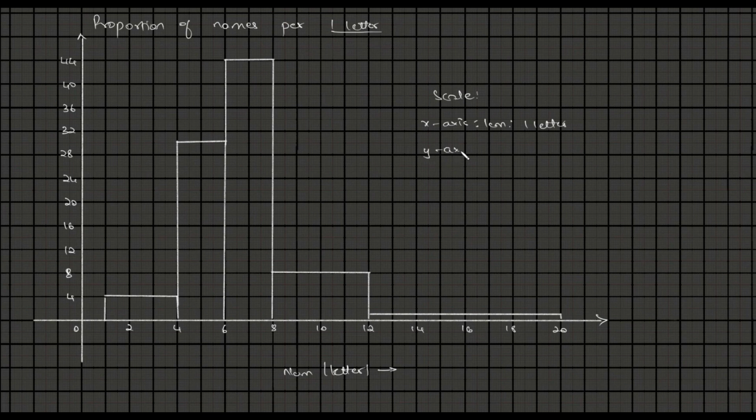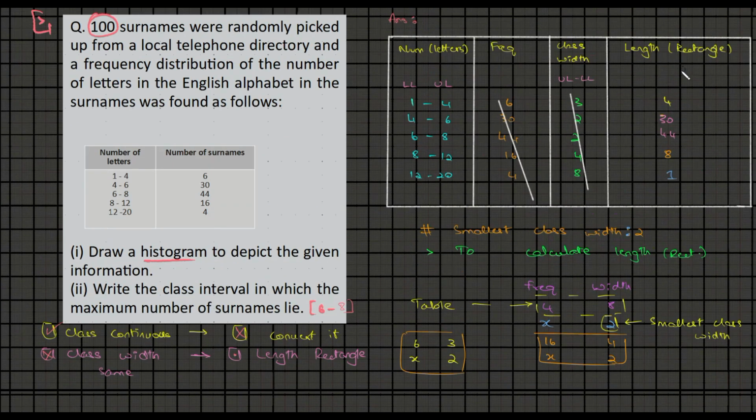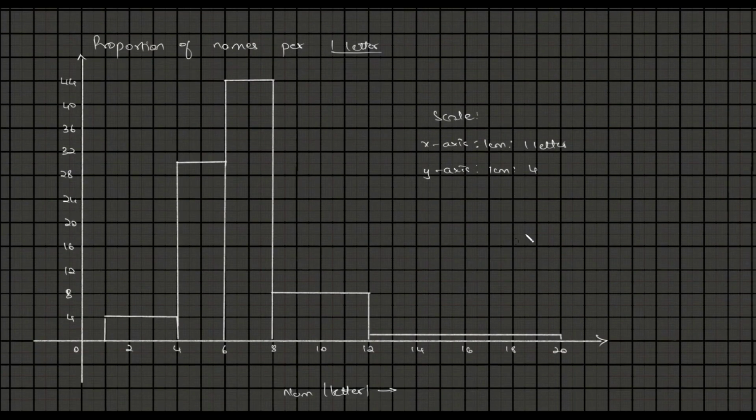And for y-axis, every centimeter is 4 names, actually not 4 names. This is to do with length of the rectangle, 4 length of rectangle. Because this does not actually represent the names, right? It is proportional. We have changed it to take into account the factor of 2 and all of that. So this is proportional.